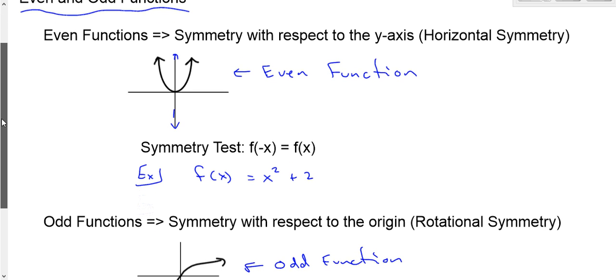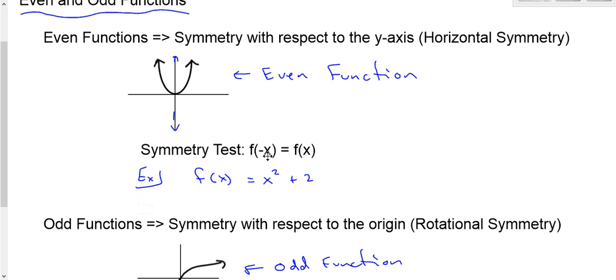And one way to test that is to plug in the negative value of x like we did before in chapter 2 where we tested for symmetry. And if we have this example, f of x equals x squared plus 2, well, f of negative x would be the negative value of x squared plus 2.